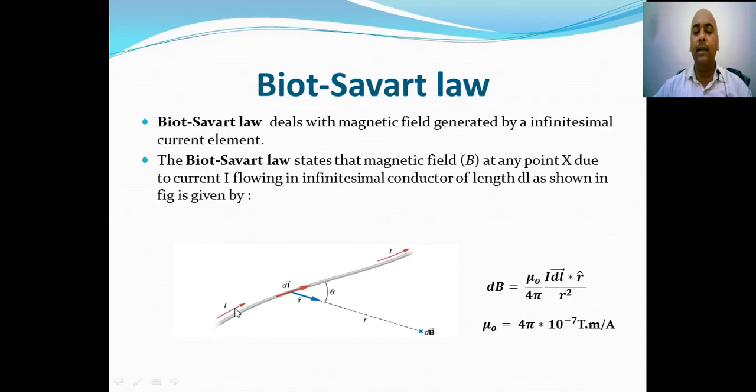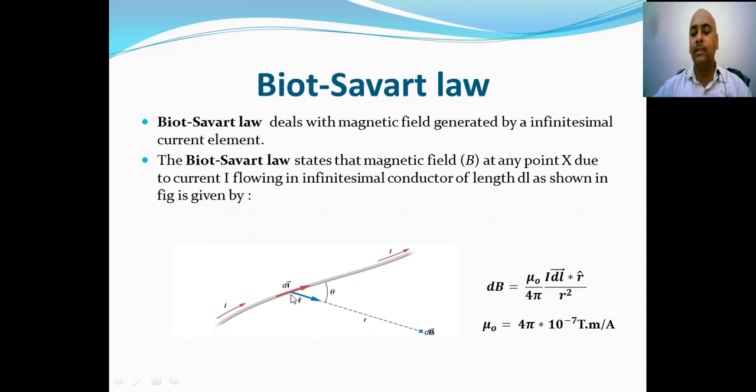So definitely the current that flows into this conductor of infinitesimal length is I. As per the Biot-Savart law, the magnitude of the magnetic field generated at point x, that is at the observation point, is dependent on the magnitude of the current, and it is also dependent upon the distance between the current element, that is IDL, and the observation point.